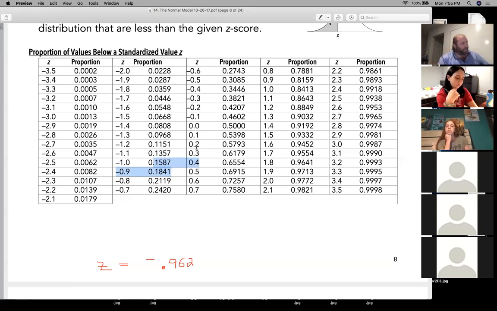How would you put that into the calculator? What kind of calculator do you have? The TI-84? Yeah, I'll show you exactly. Even if you don't have one, you can follow along.